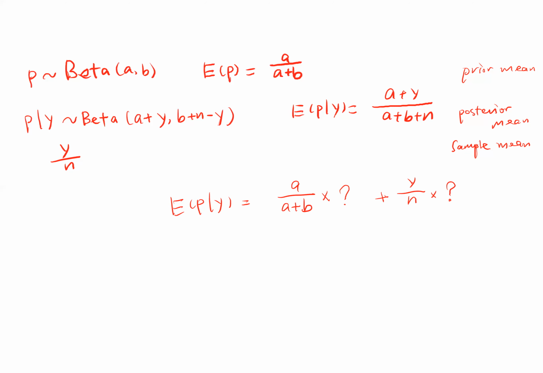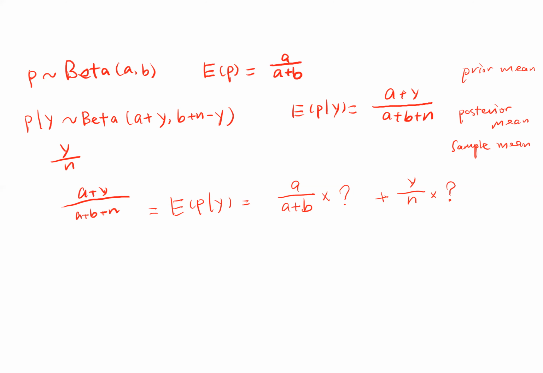The goal is to prove that the posterior mean is a weighted average of the prior mean and the sample mean, and that can shed more light on how Bayesian inference is done. The right-hand side is A plus Y over A plus B plus N. So what should the two question marks be?